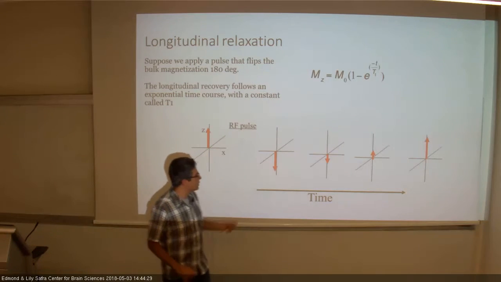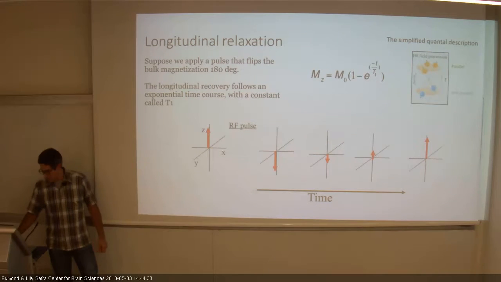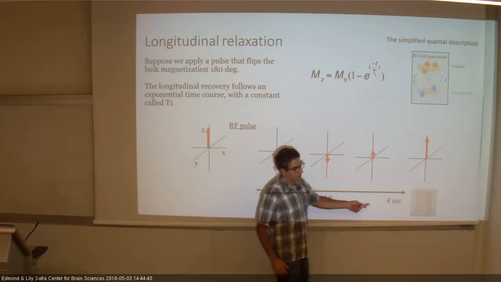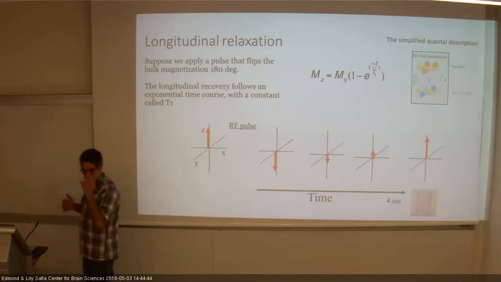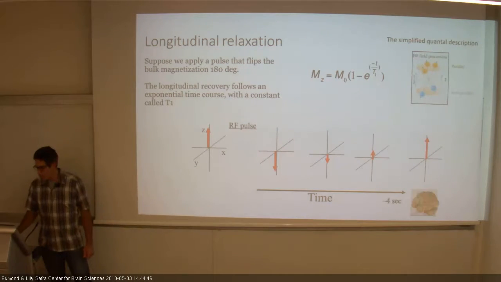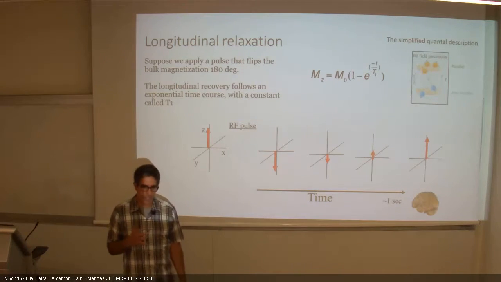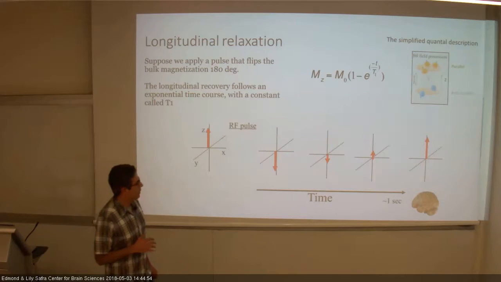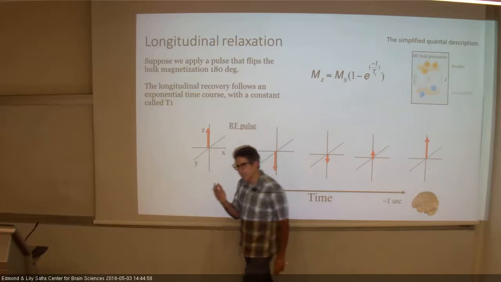These time constants have values somewhere between 4 seconds for water in body temperature, so that's what we find in the ventricles, for instance, in the brain, to about 1 second for brain tissue. And that's actually going to be very useful. I will discuss it in the next class. So we can measure the relaxation in the brain. It's going to be in the order of seconds.